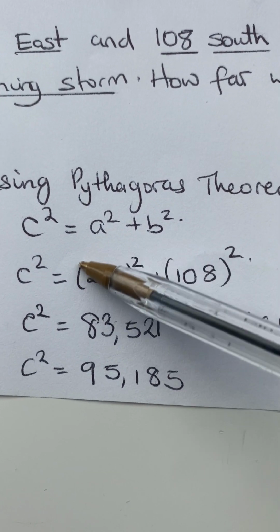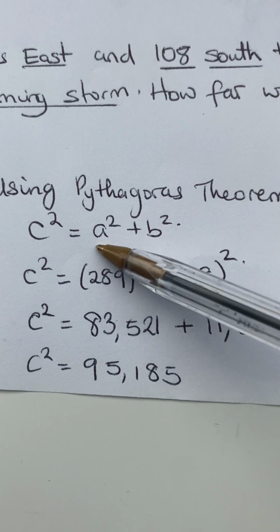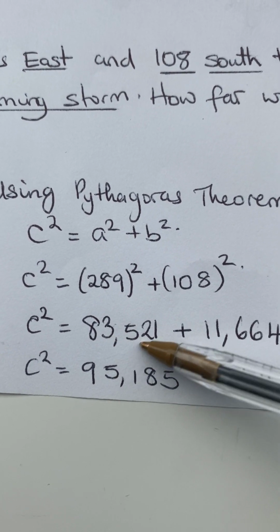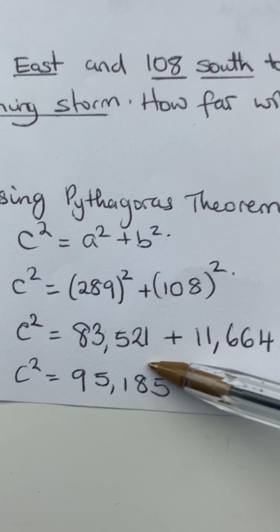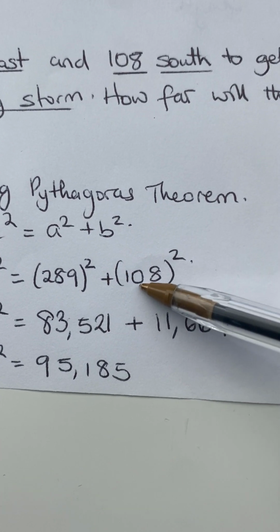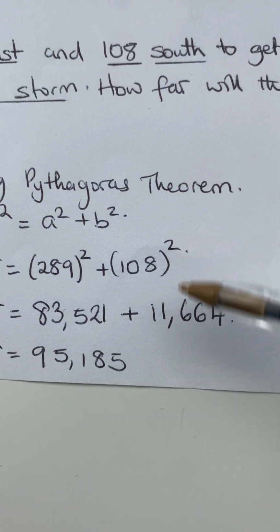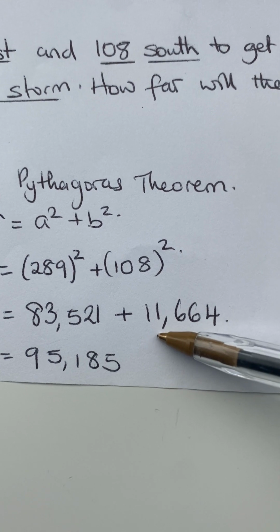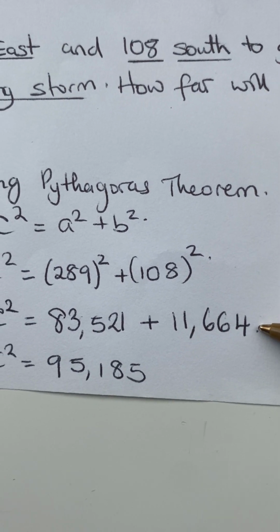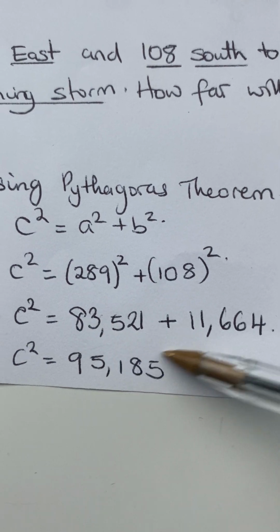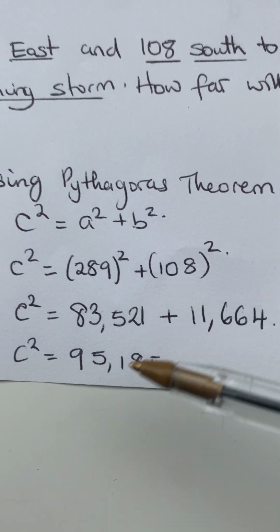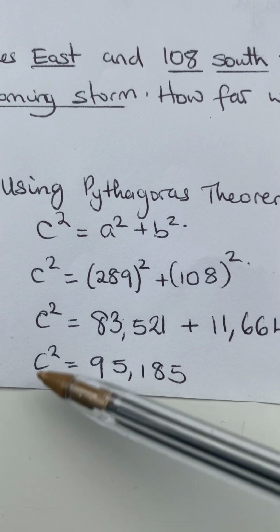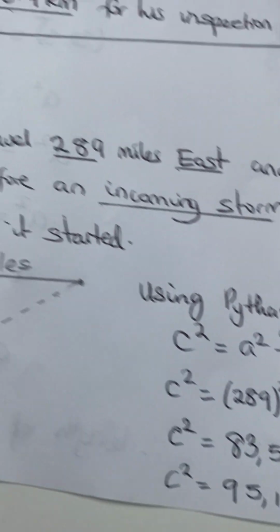If you do this correctly on the calculator, you will get 83,521. If you do 108 all squared correctly, you get 11,664. Now if you add them together, you get 95,185. That will be your c squared.